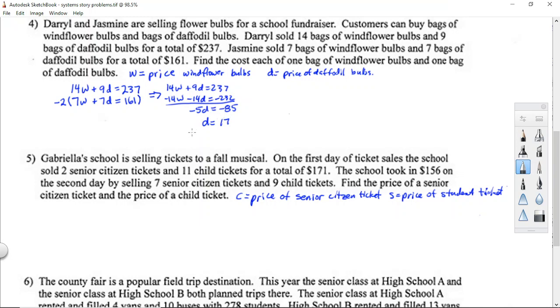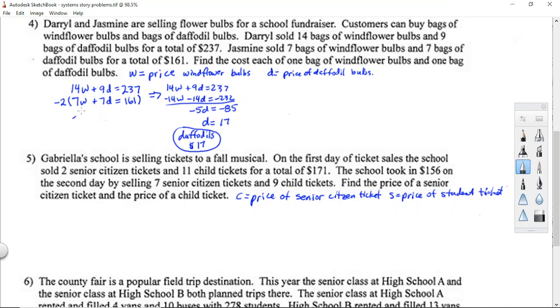So that means the daffodils, and we need to write this down, we just don't want to leave it D equals 17. The daffodils are $17. Okay, because that's what D was, the price of a bag of daffodil bulbs. We now will plug that value for D into either of the other equations.